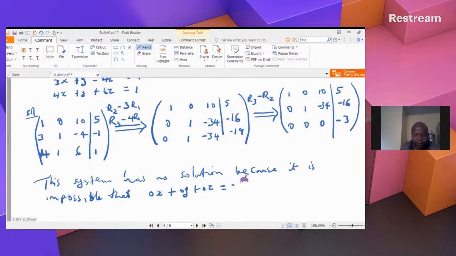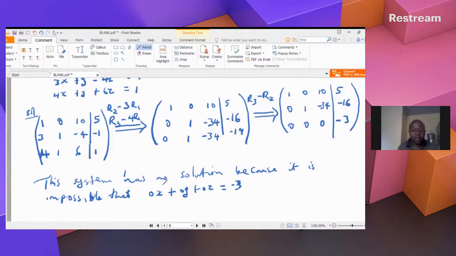This is impossible, because I know that 0x will be 0, 0y will be 0, 0z will be 0. So when you add 3 zeros, how can you get a non-zero value? So it means that the system has no solution.